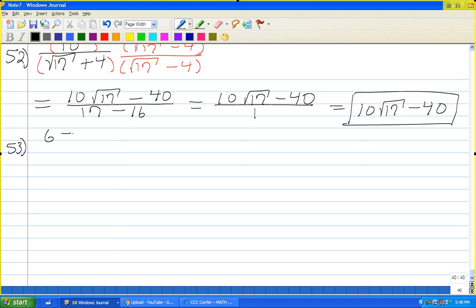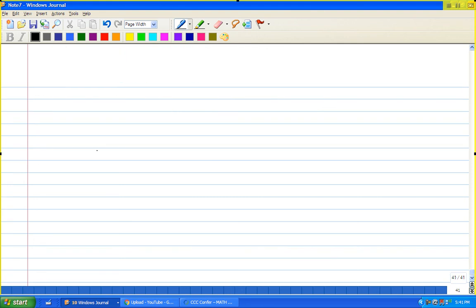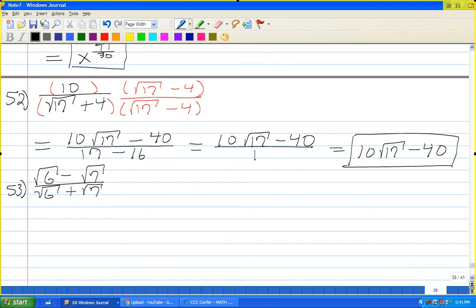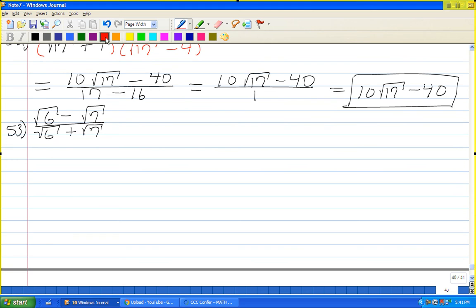Rad 6 minus rad 7 over rad 6 plus rad 7. Okay, so let's rationalize the denominator. So let me multiply and divide by the conjugate of the denominator, rad 6 minus rad 7 over rad 6 minus rad 7.